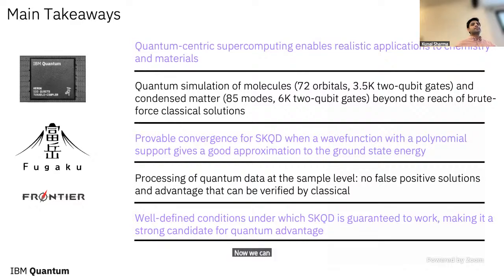Now we can stretch it to 80 qubits. These experiments are building trust in these algorithms, and we are showcasing that we are able to get signal from the device. And no false positive, which is a good property to have. And then we have provable guarantees.